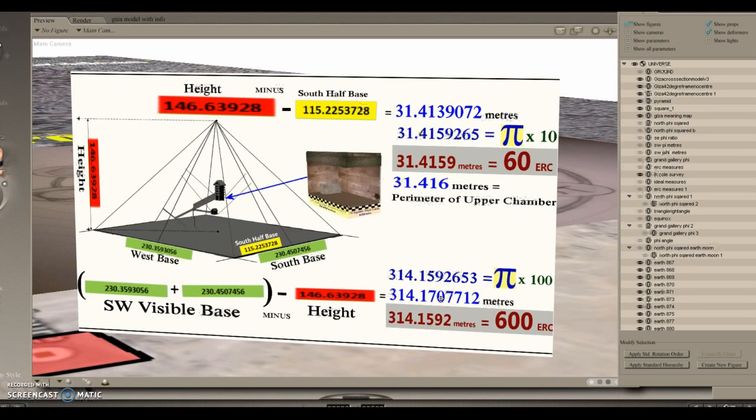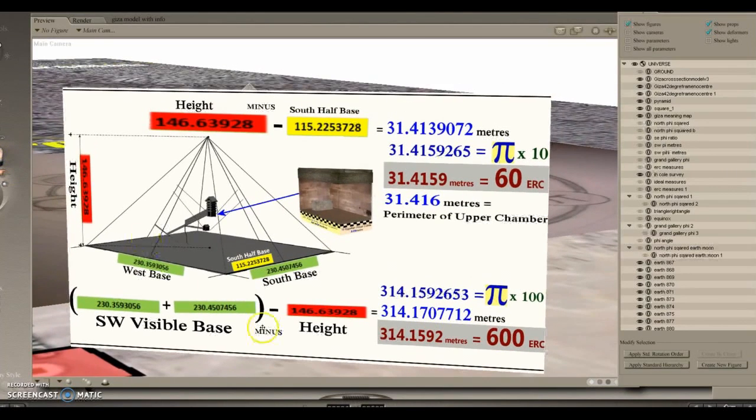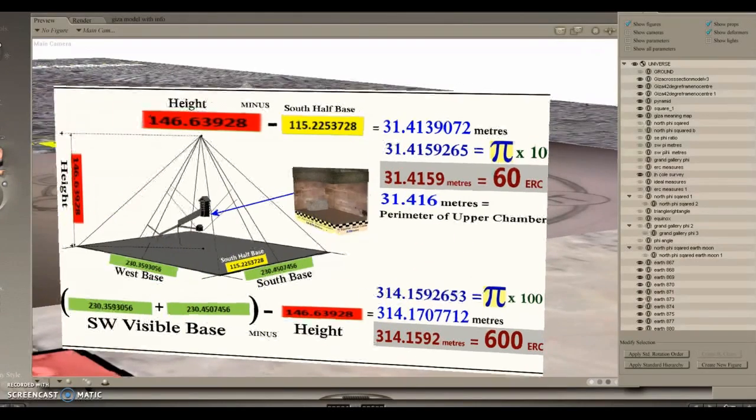However, within variations it could actually even be closer, but sticking strictly to the J.H. Cole survey, whatever's on the outside, we have meters and a representation of pi times 100.